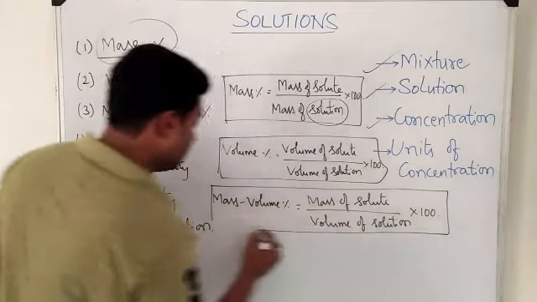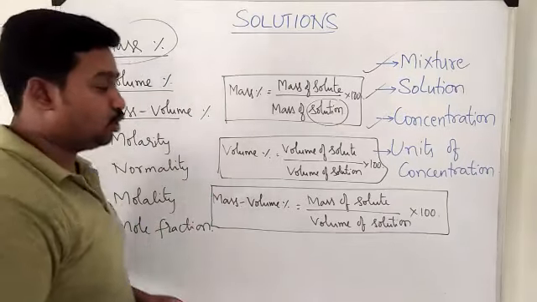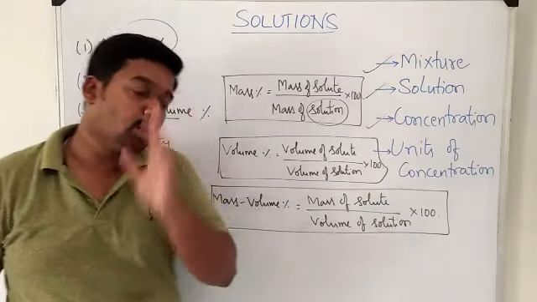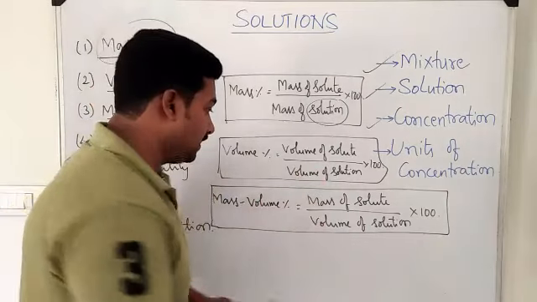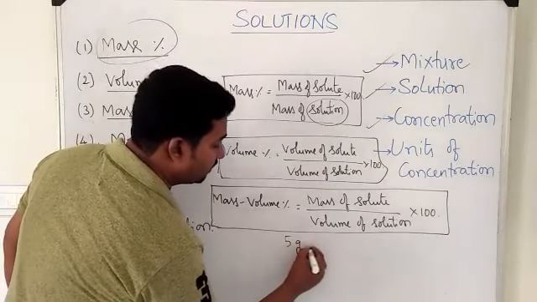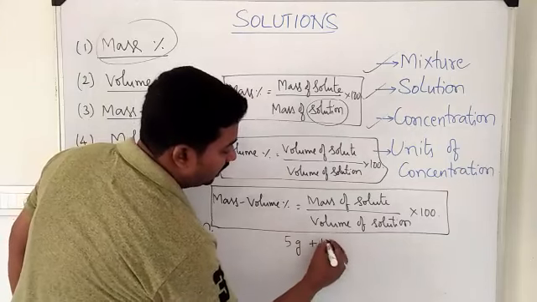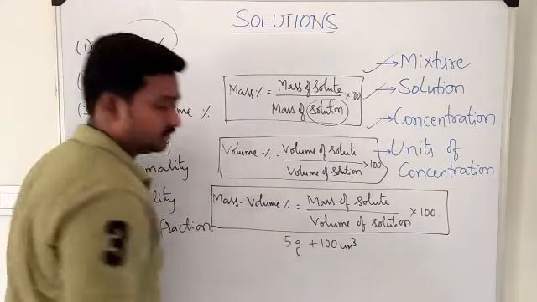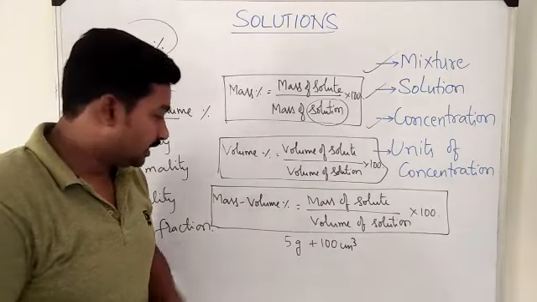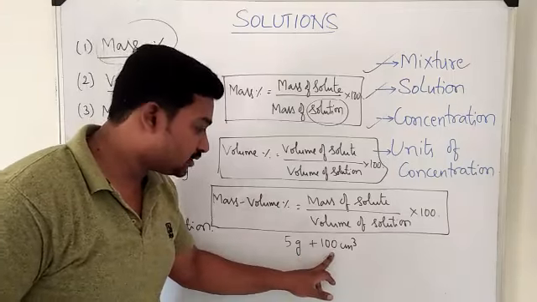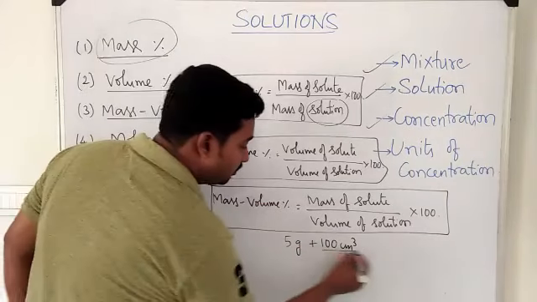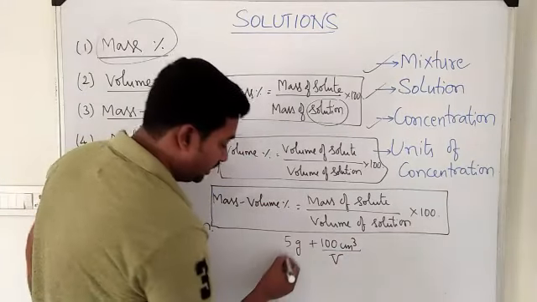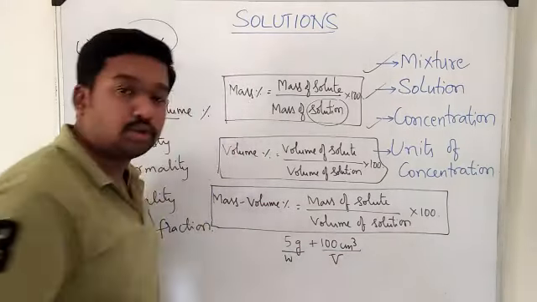Only in this case you may ignore the volume of solute while taking the volume of solution. For example, I say 5 gram solute is dissolved in 100 cm cube of water. 100 cm cube is the volume of solvent, 5 gram is the mass of solute.